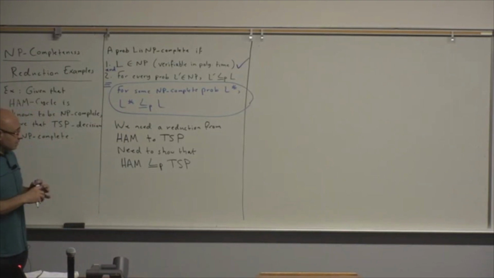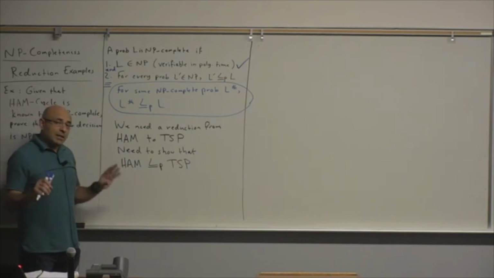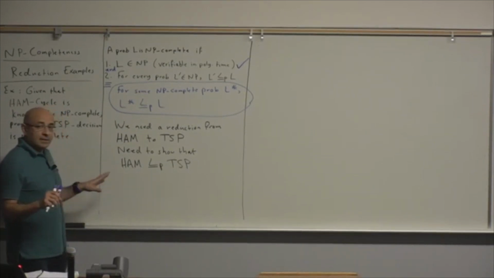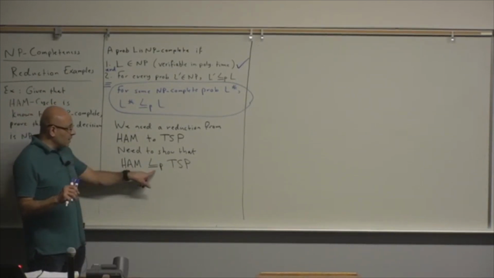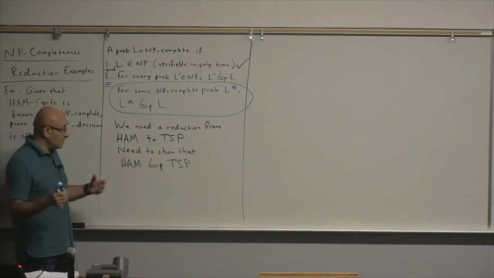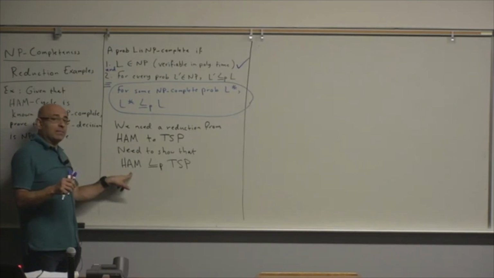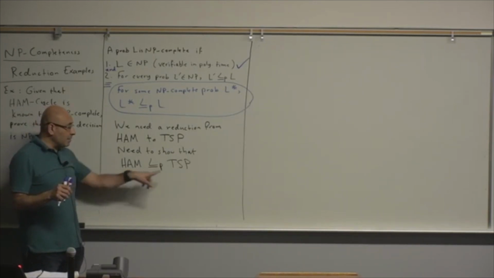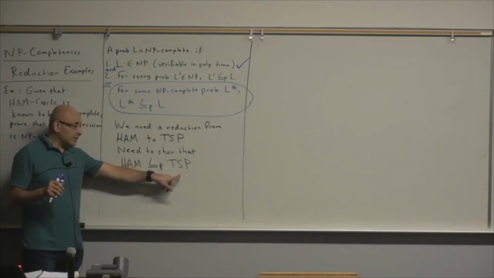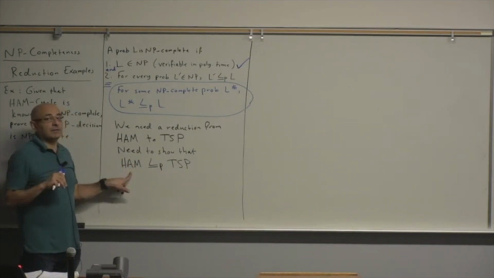Again, never get confused with these. There are multiple ways of interpreting this. You can easily look at the mnemonic, which is less than or equal. The less than or equal sign being used here is a very good mnemonic. It just means that this is known to be NP-complete, and the problem that I'm trying to prove is greater than or equal to this problem in terms of the level of difficulty.